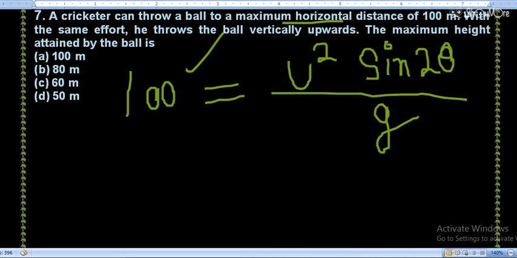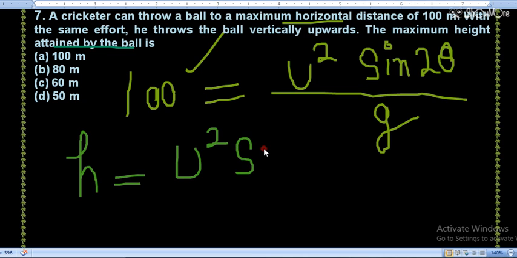Now in the second part he is asking the maximum height attained by the body. So the maximum height will be equal to u square into sine theta.